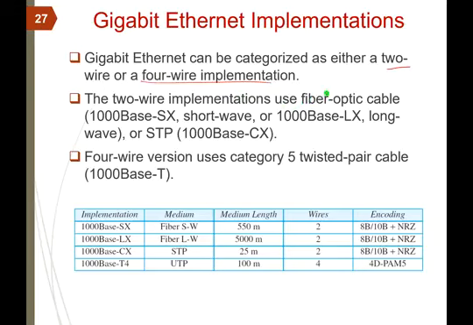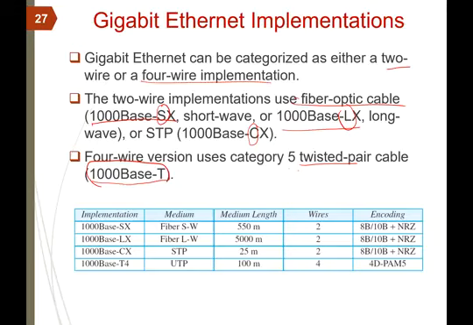The 2-wire implementation uses fiber optic cable: 1000 base, sometimes we call it 1 gig base SX, 1000 base LX, S for short wave, L for long wave, or STP, 1000 base CX. 4-wire versions use category 5 twisted pair, you see, UTP cable. So this is actually the most commonly used.